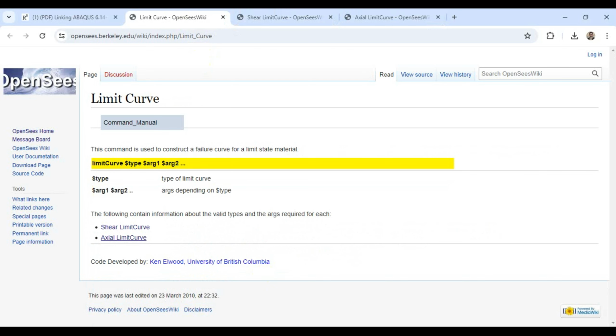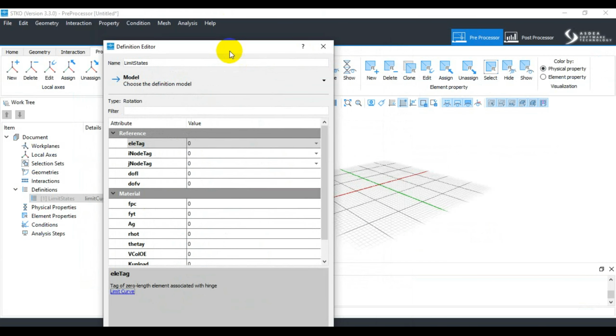We need to understand what's going on in the model, and we need to understand what actually is required in modeling these structures. So let's have a look at the discussion in a detailed way.